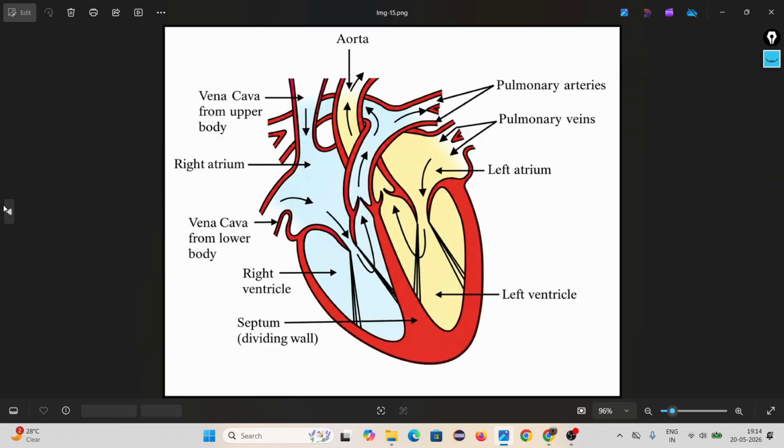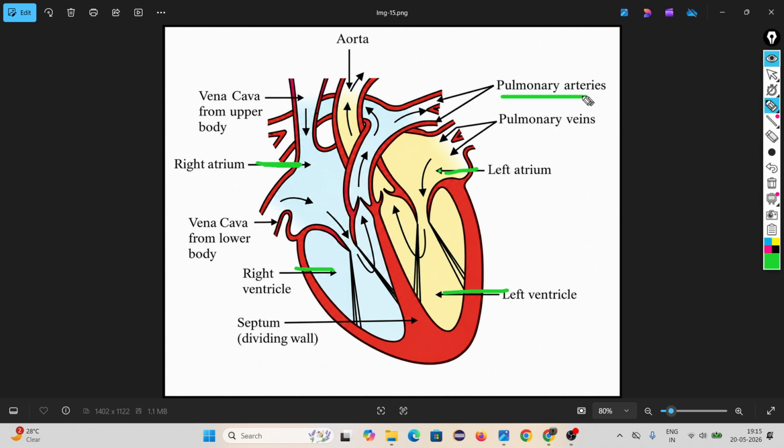Look at the final image. Here is the final image. This is the left atrium, this is the right atrium, left atrium, left ventricle, right ventricle. And here are the pulmonary arteries. Pulmonary arteries means they are connected with the lungs. Then the septum, the divider.